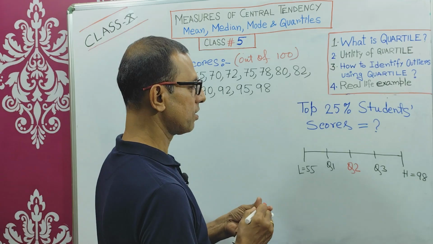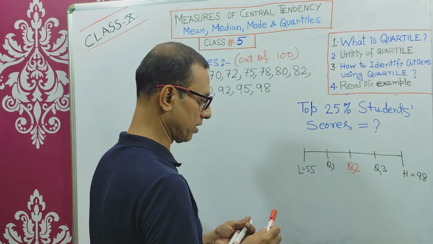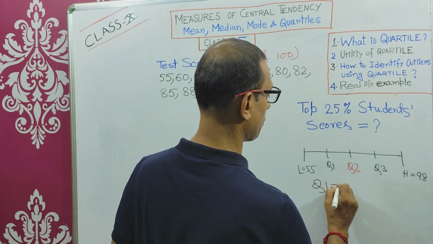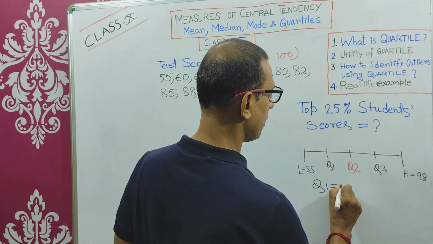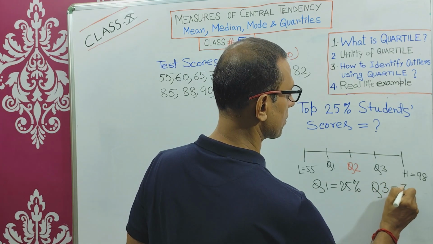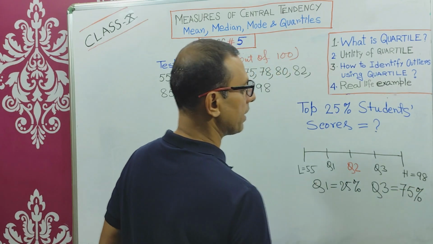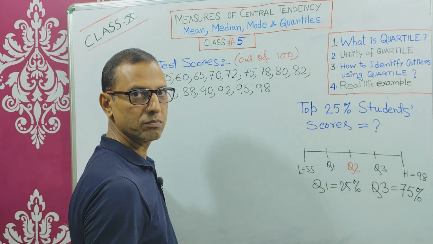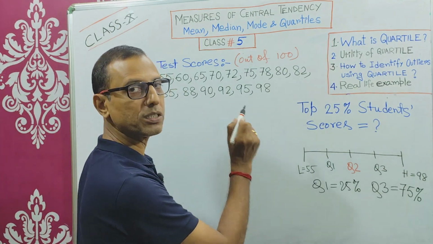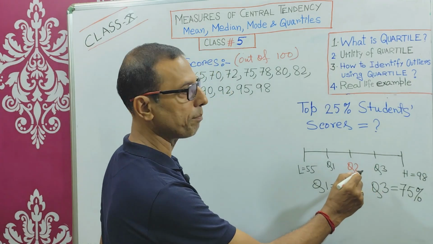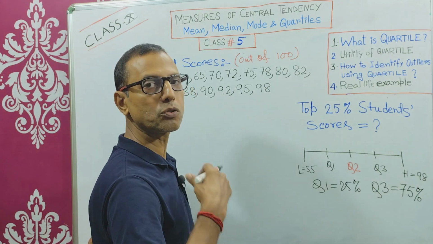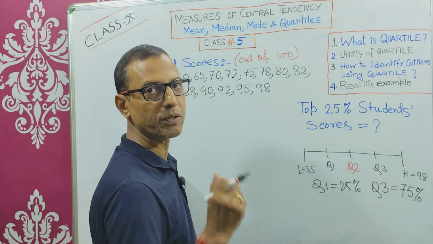Q1 is 25% and Q3 is 75%. That means above Q3, whatever scores are there, you need to determine Q3, and the scores beyond that point are the high performing scores. The students who have achieved those scores are high performing students.